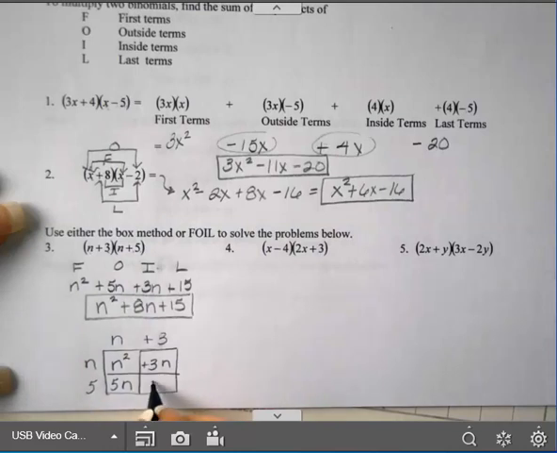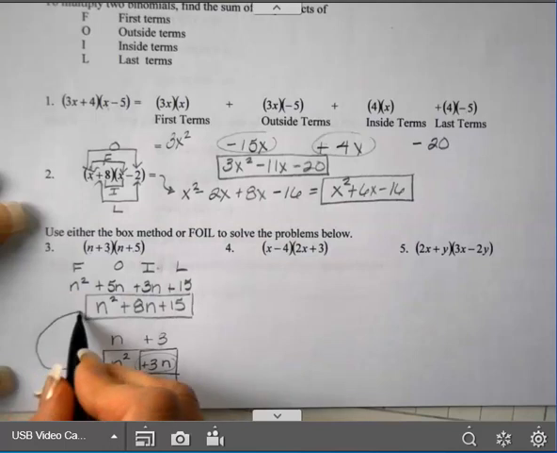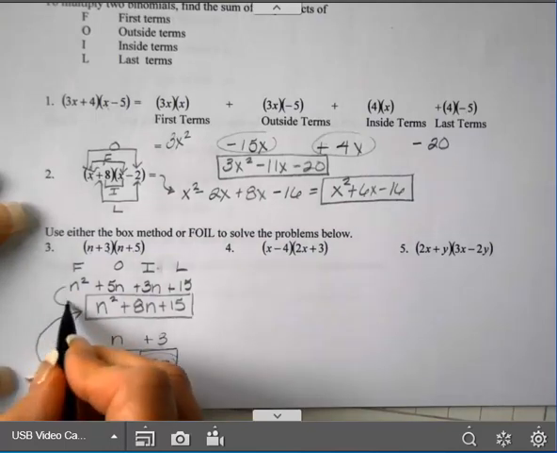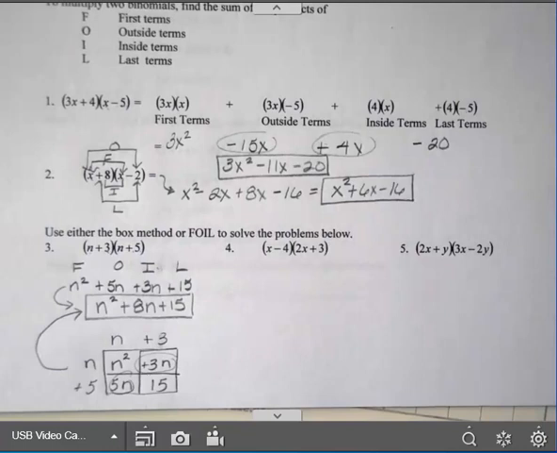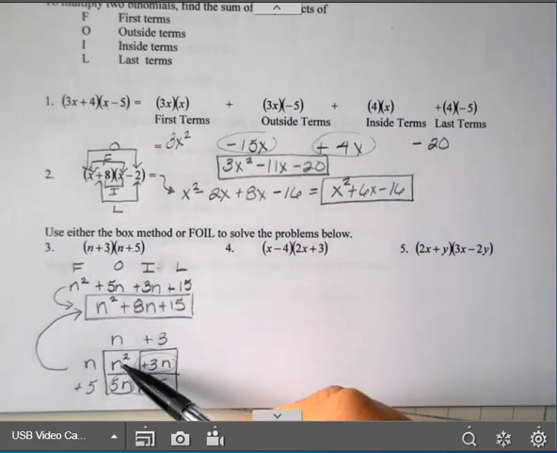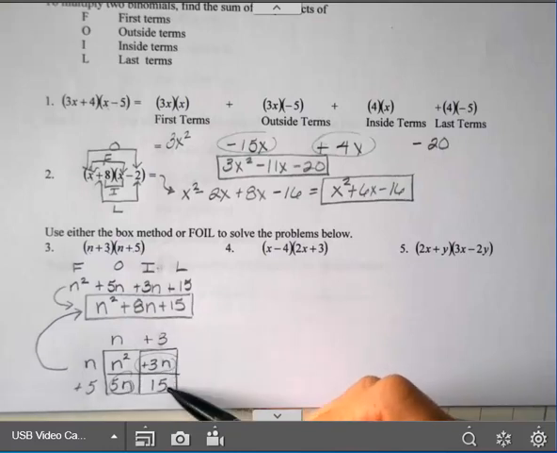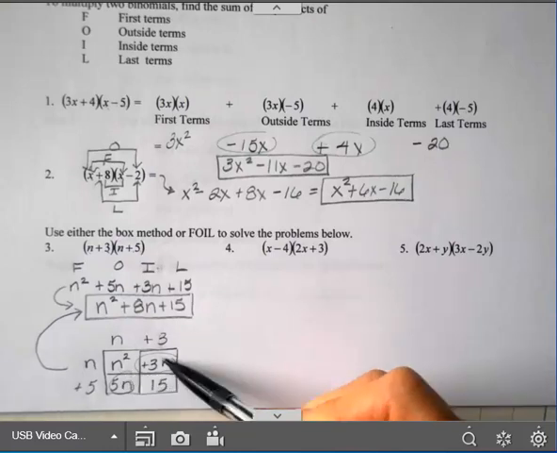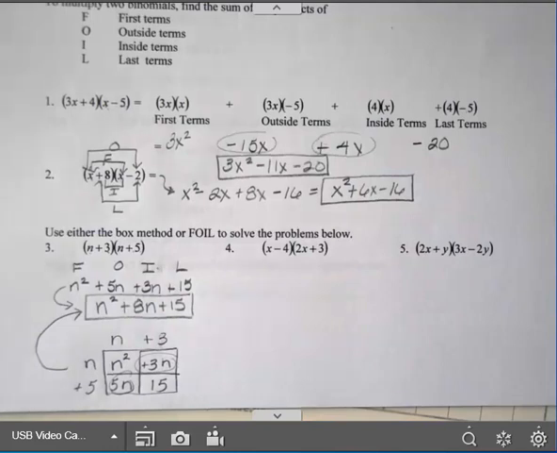And then the last box here, 5 times 3 is 15. When you collect your like terms here, you're going to get the same answer that we did here. So it doesn't matter which method you pick. And if you notice, there's my first term, there's my outside term, there's my inside term, there's my last. So this would be FOIL if I were doing the box method. Every term from FOIL is in there.